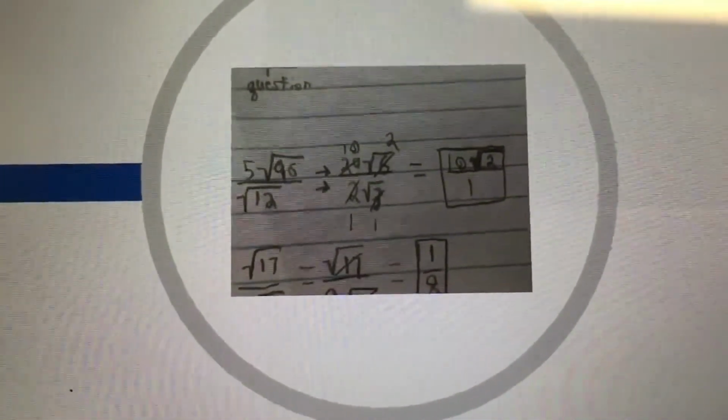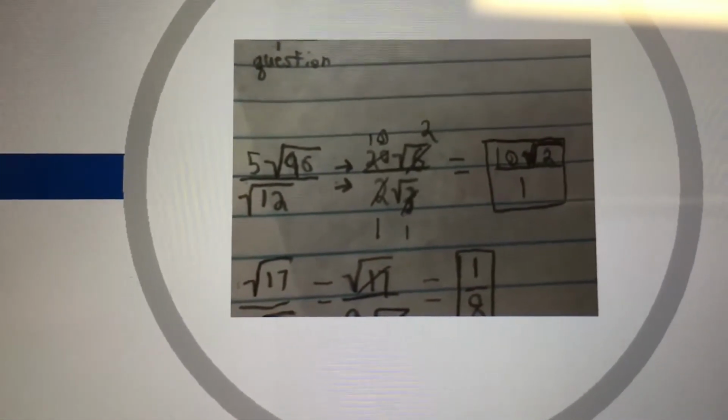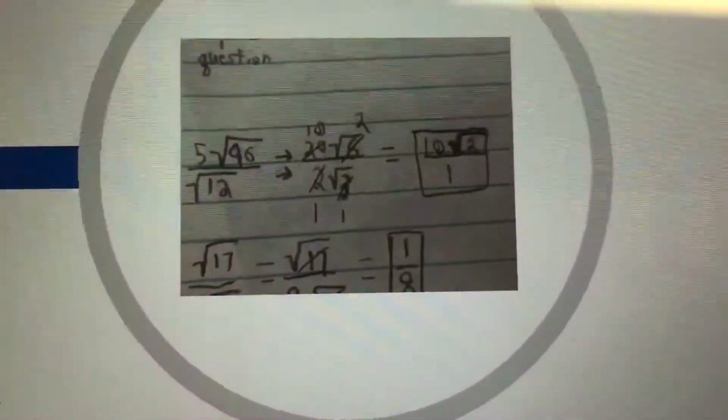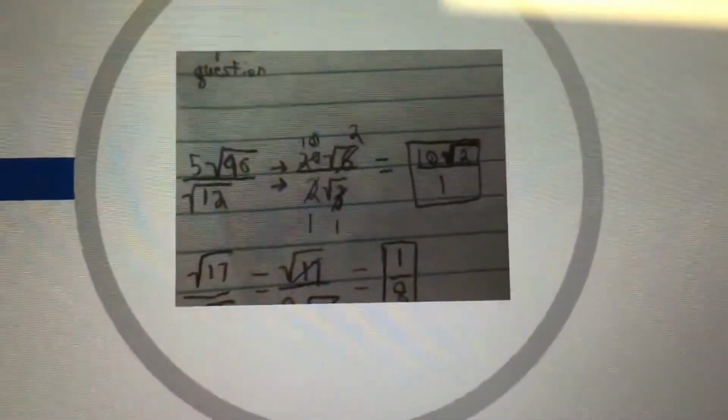First, you simplify using prime factorization, and you get 20 over the square root of 6 over 2 the square root of 3, and then you can either multiply by the conjugate, or you could simplify in this case, and you would get 10 square root 2 over 1. The conjugate is when you multiply both the bottom and the top by the opposite.